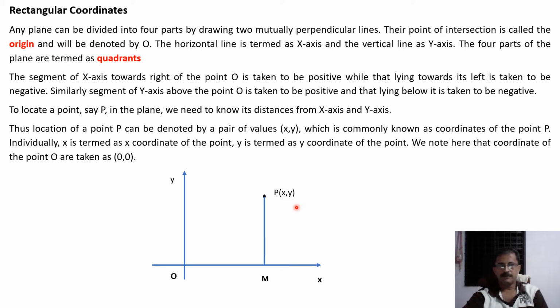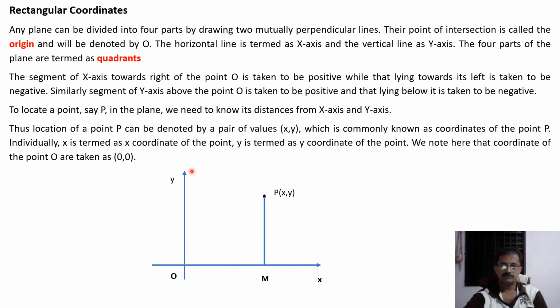To locate a point, say P, in the plane, in the figure we have drawn a perpendicular to the x-axis, and the point of intersection is named M. This is the right side of the x-axis.